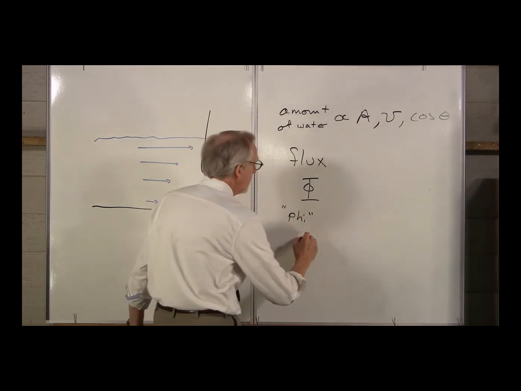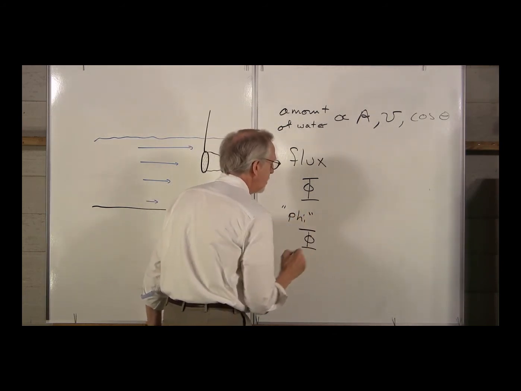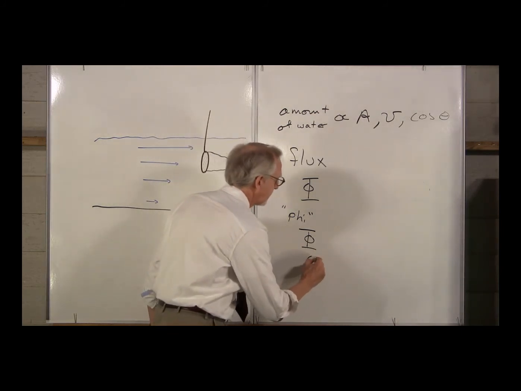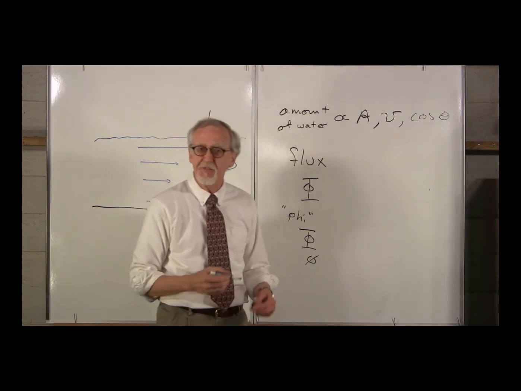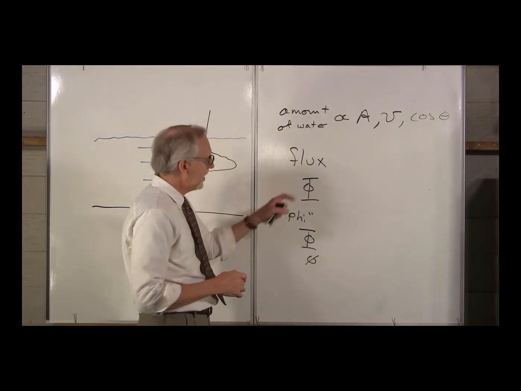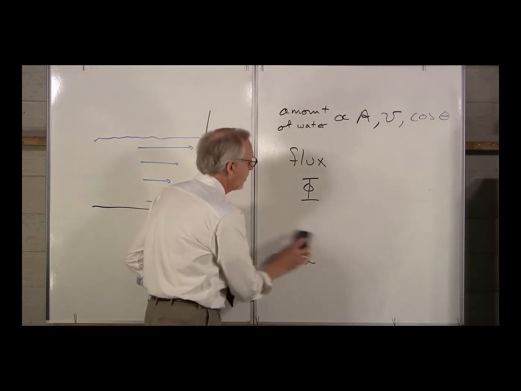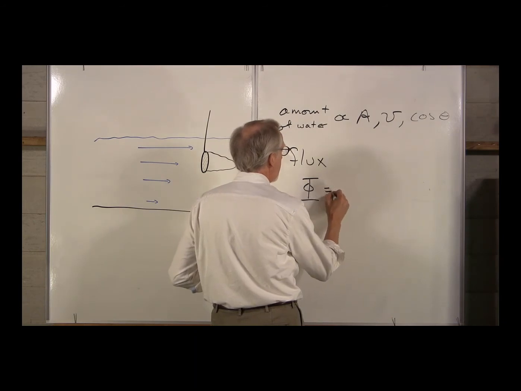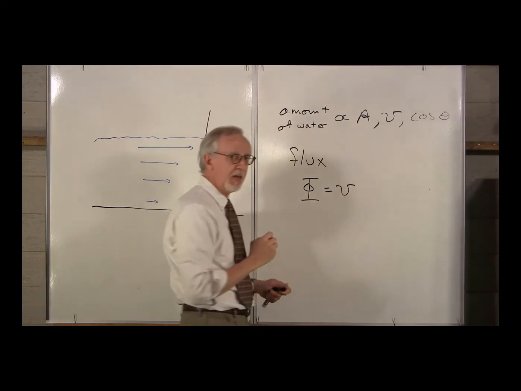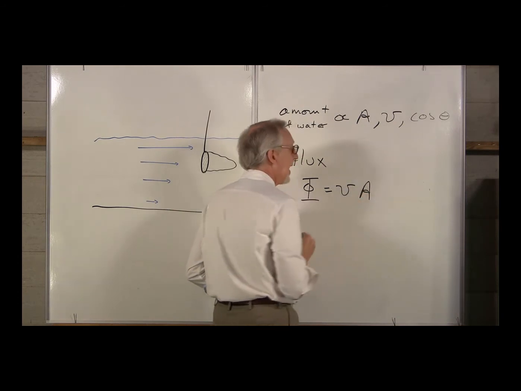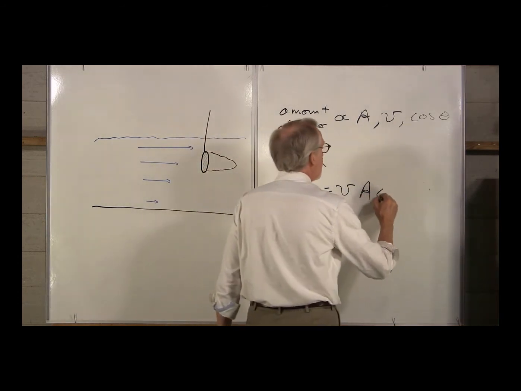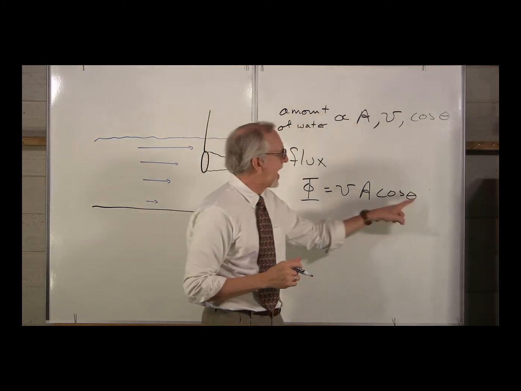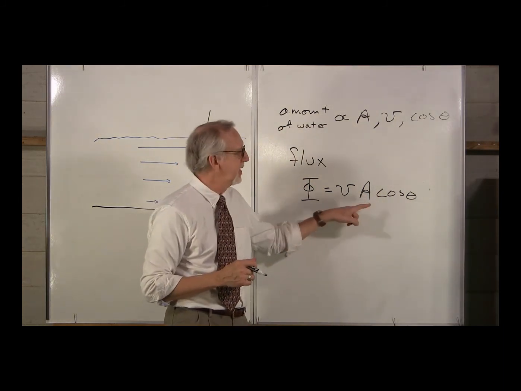A phi looks like a capital I with a circle around the middle. So that's the capital Greek letter phi. Lowercase phi we have seen before, and we've used that for angles before. So here is the flux. And we will write that the flux is equal to the speed, v, times the area, A, times cos theta, where, let's remember, theta is the angle between the velocity vector and the area vector.